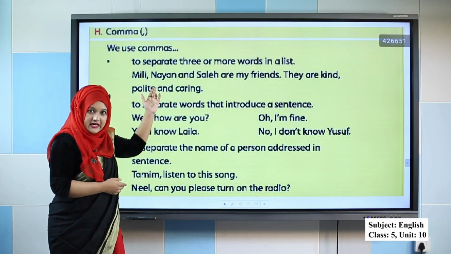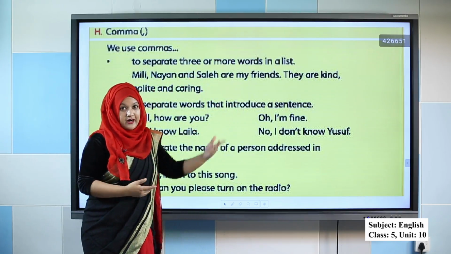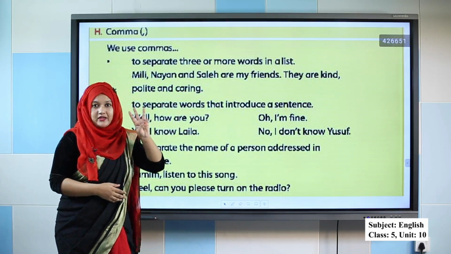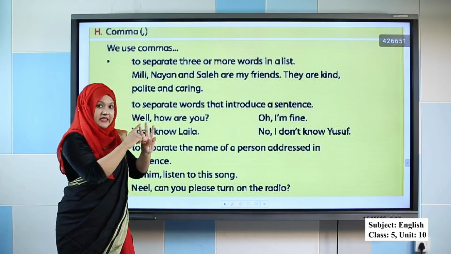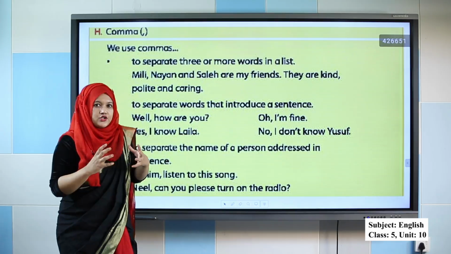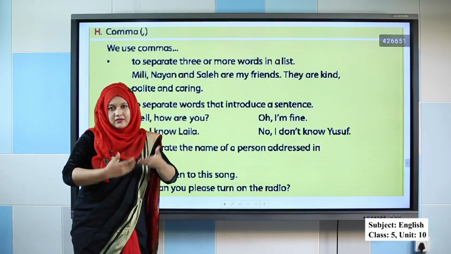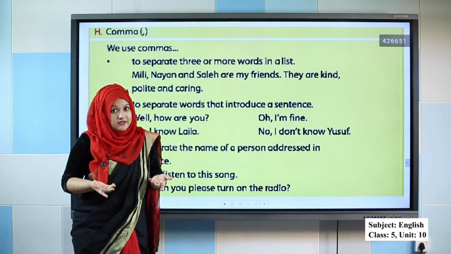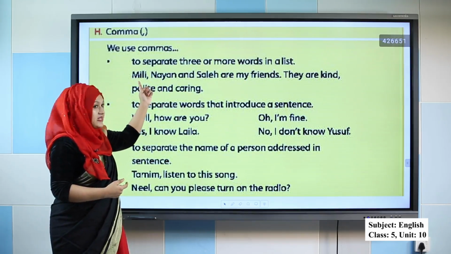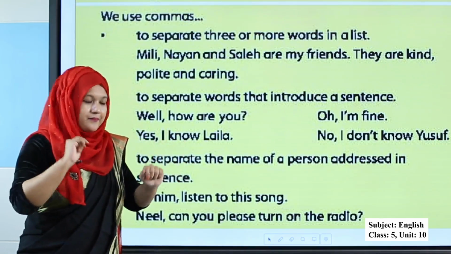Like Mili, Nayan and Saleh are my friends. So, we can see 3 names here. Mili, Nayan, Saleh. We need to separate those words. Then how can we separate them? We will use comma between the names Mili, Nayan, right? Then the words are separated.